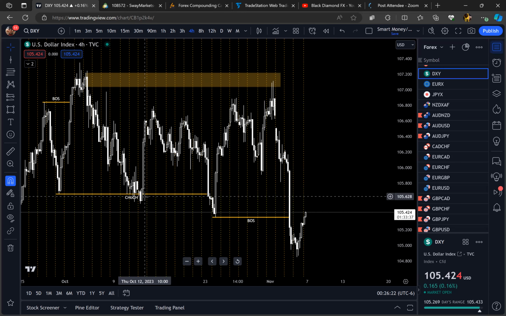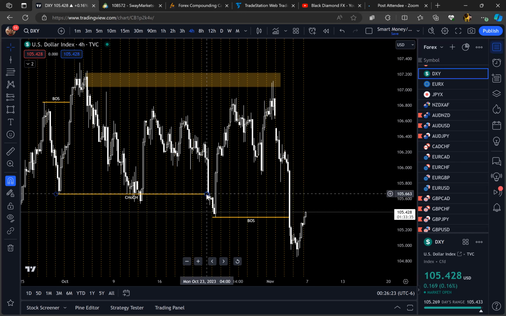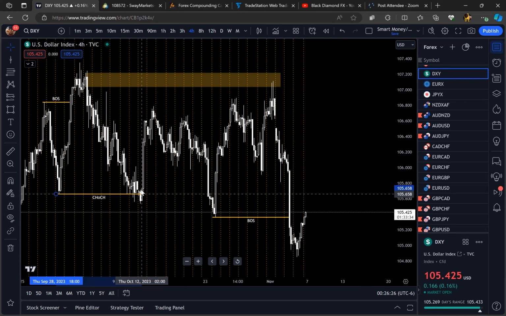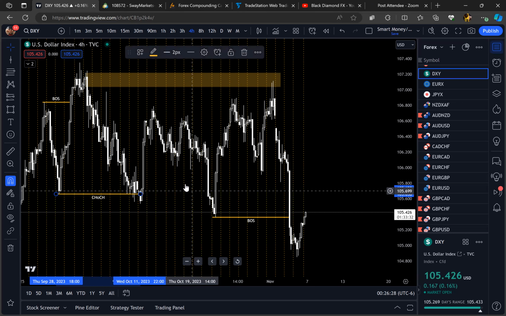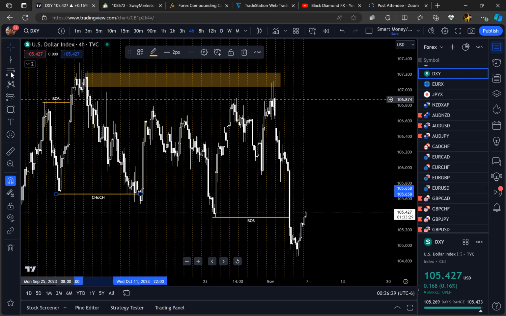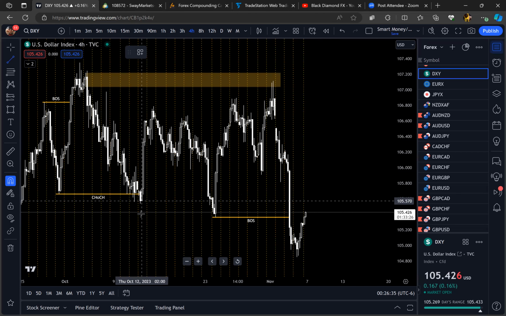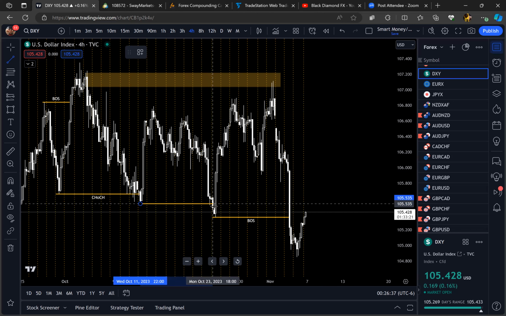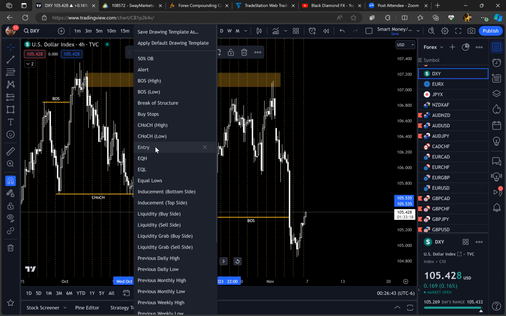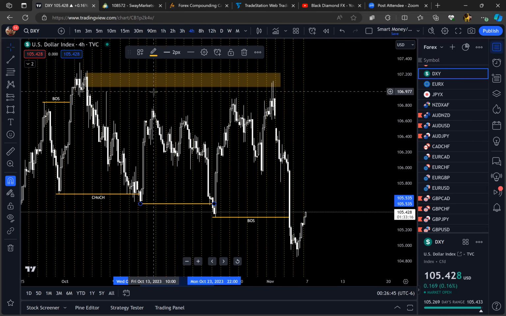Okay. And the fact that we kept on, we broke here. We had another break right here, as a break of structure on the low side. All right.